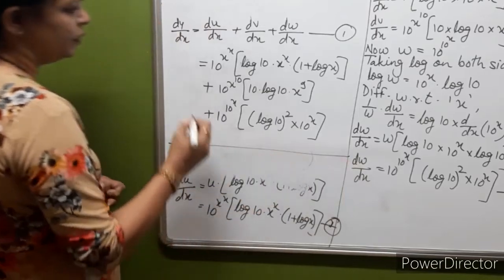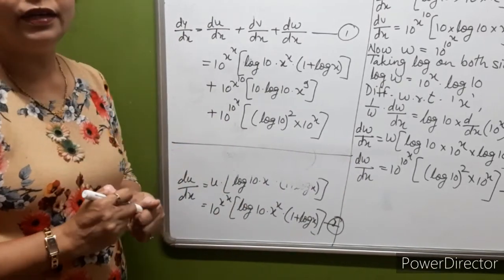This completes your sum. So this is your dy by dx.